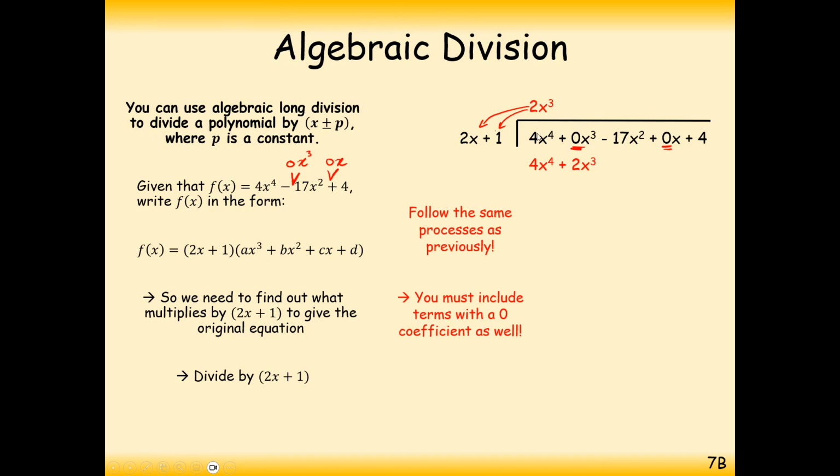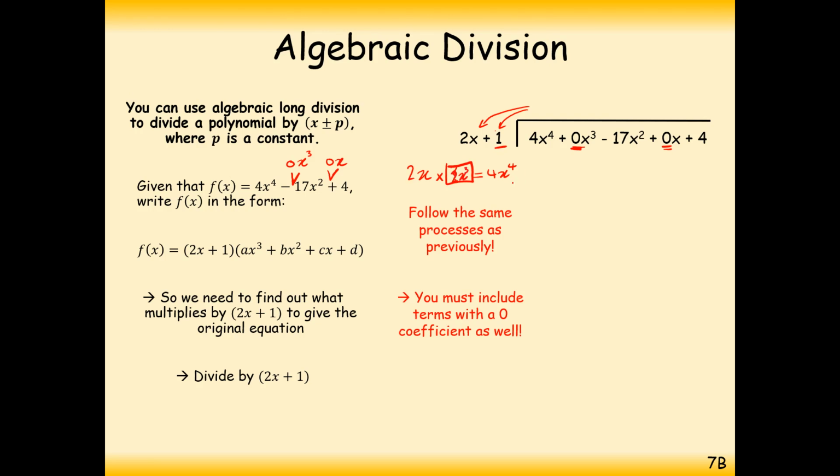So there you go. What's the question we're asking ourselves? We ask ourselves, 2x times what will give me 4x to the power of 4? You don't have to worry about the next term or the term after. So just this gap here, what is it going to be? It has to be 2x cubed, right?